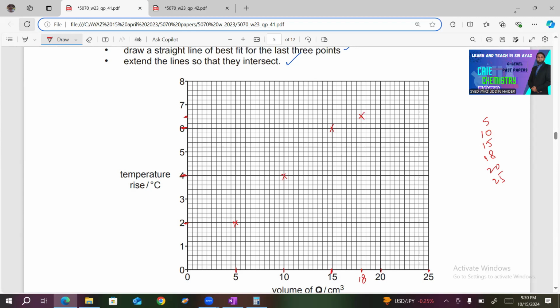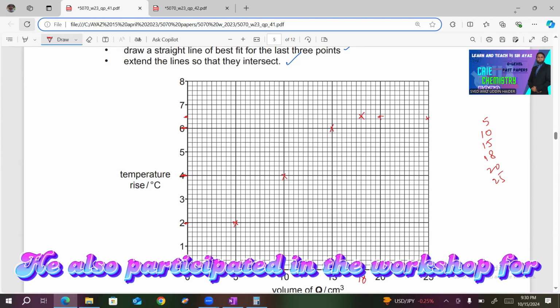And after that, we have 6.5 for 20 also, as well as 25. Now join these lines.